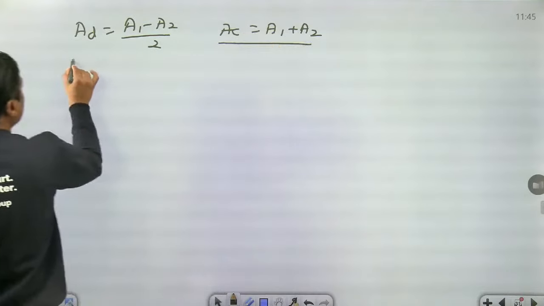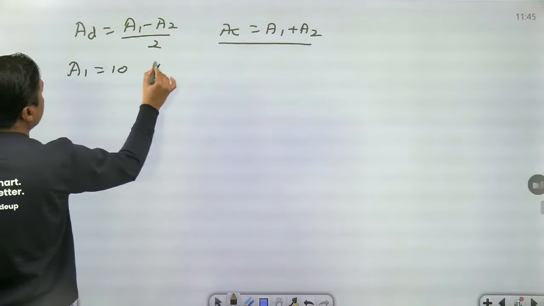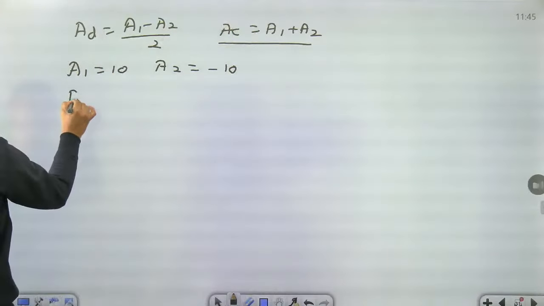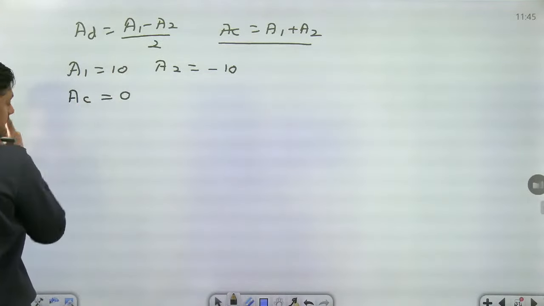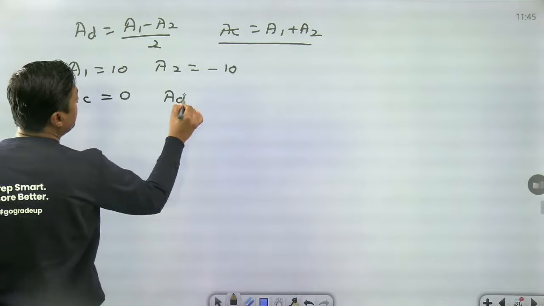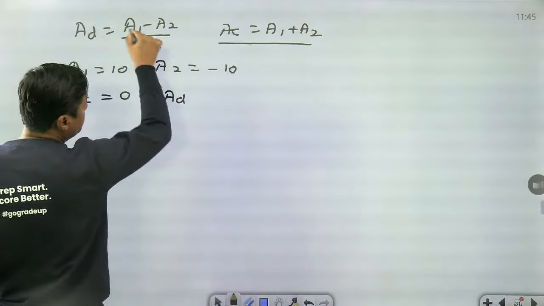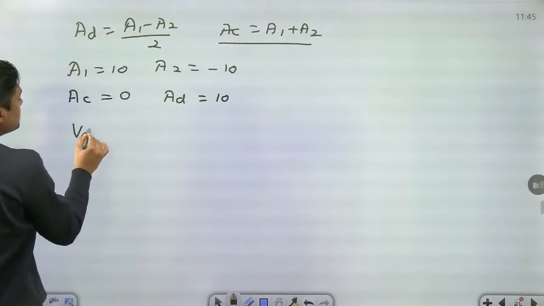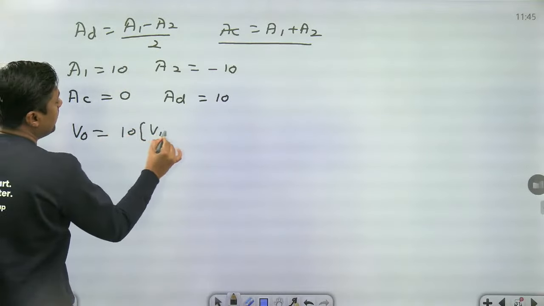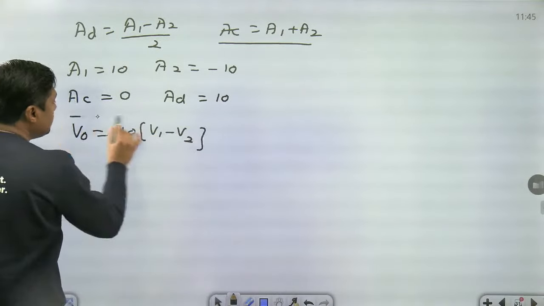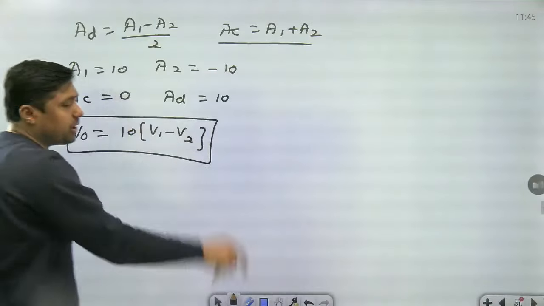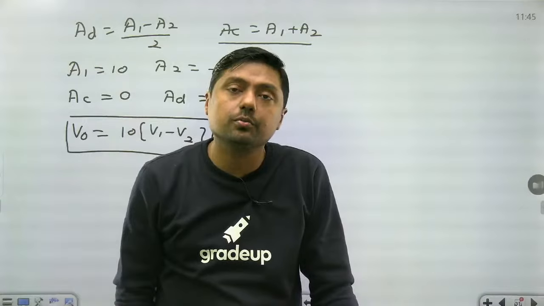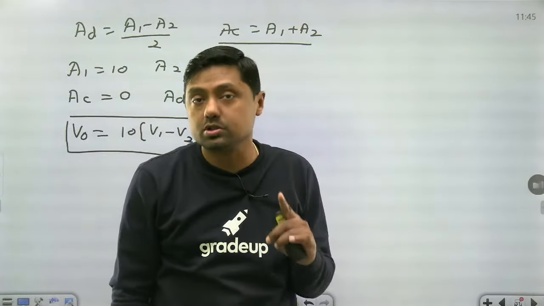Under ideal condition, if A1 is equal to 10 and A2 is equal to minus 10, then AC will become 0. This is called the ideal condition. And AD will become 10, and the output is directly V1 minus V2. It means ideally AC should be 0. Practically it should be as small as possible.